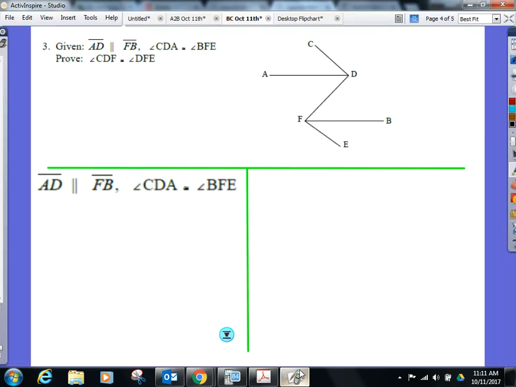All right, let's keep it going then for 3. Okay, here we go with number 3 now. Now we are starting from scratch. So I'll give you guys a minute right now. Go ahead, write down the givens and mark your diagram appropriately, please.